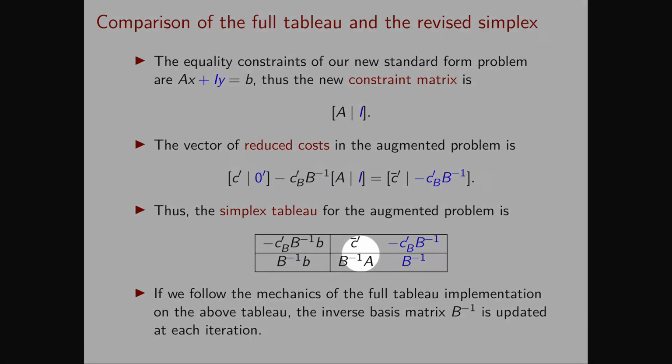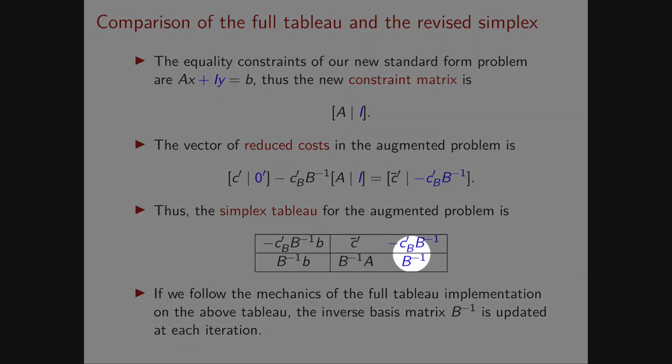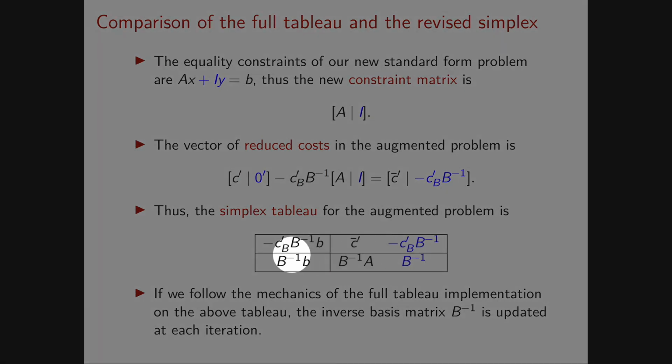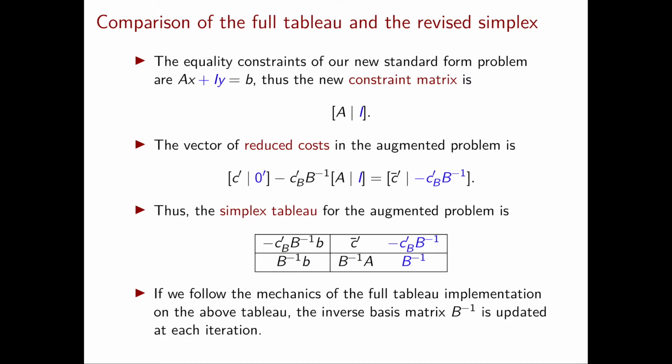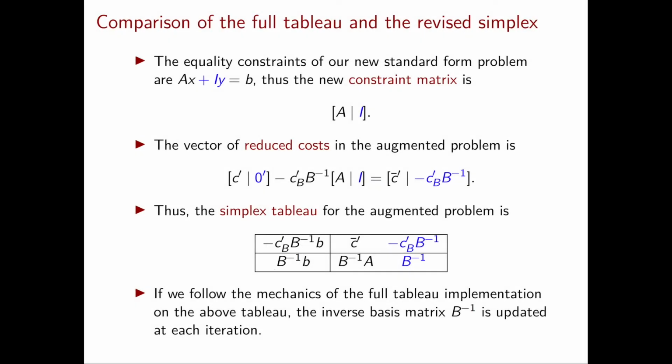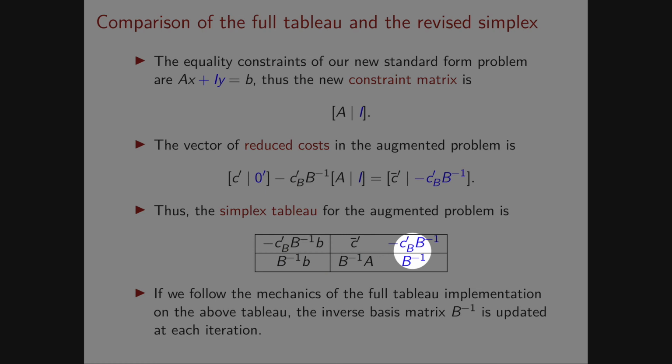So the difference consists in the remaining additional m columns that I didn't have in the simplex tableau of the original problem. So now if we follow the full tableau implementation for this new problem, with the additional rule that y never enters the basis, I am effectively performing the full tableau implementation on the original tableau. The only difference is that I'm keeping these additional m columns.